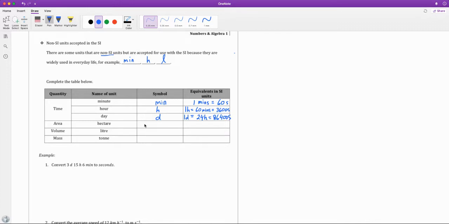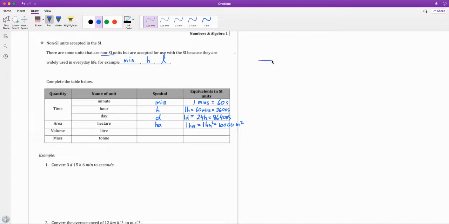Area, hectare. ha is the symbol. 1 hectare equals to 1 hectometer squared equals to 10,000 meters squared.